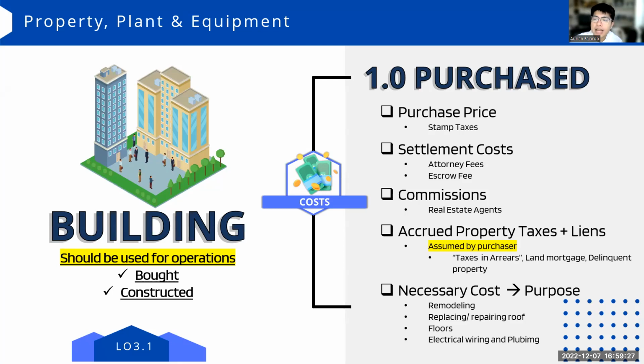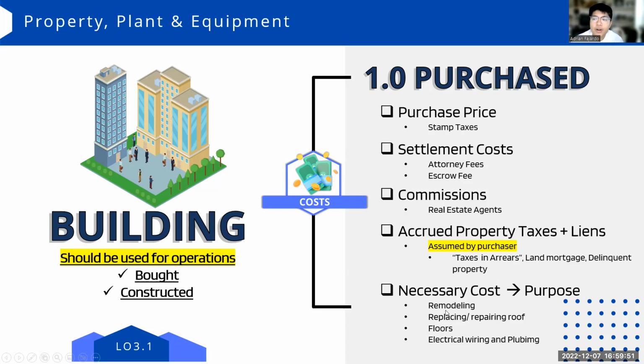For a purchase, it's actually the same as with land. There are still stamp taxes, but of course they should be associated with the building, along with attorney and escrow fees, real estate agents and brokers, and the property tax. The other terms associated with buildings fall under the necessary costs to make it ready for its intended purpose.